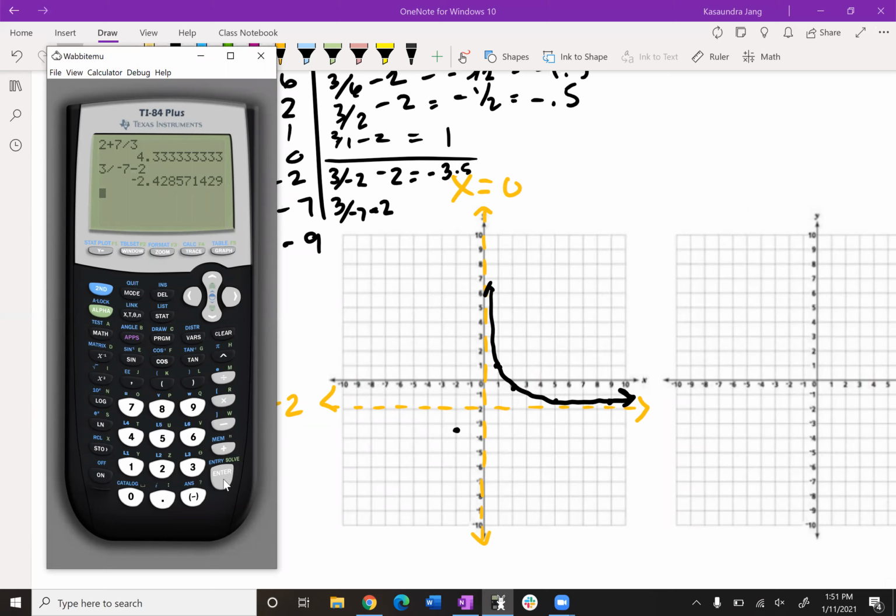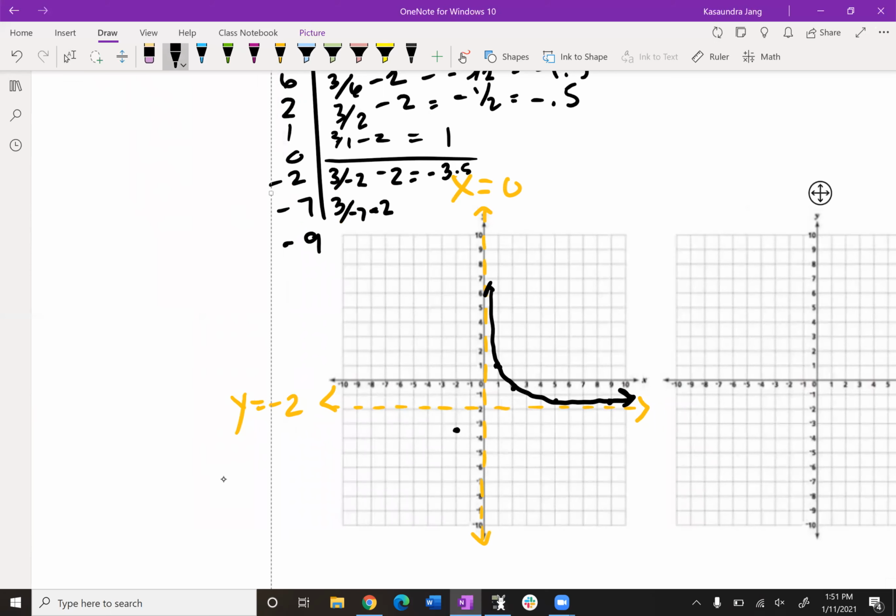It's almost like -2.5, close. So the x value -7 gives -2.5. There we go. And at -9, it's like -1/3 minus 2, so -2 1/3.